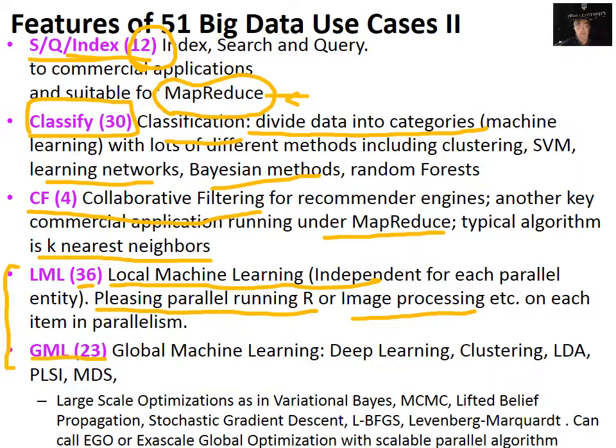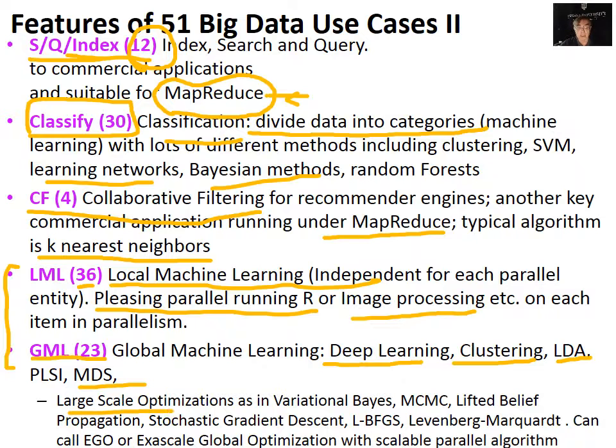That's where you do not run each piece of data independently, but rather all the data, or lots of the data, including data in lots of different nodes of your parallel machine, are involved in some machine learning algorithm. That's true when you do deep learning, clustering, latent Dirichlet allocation, multidimensional scaling.